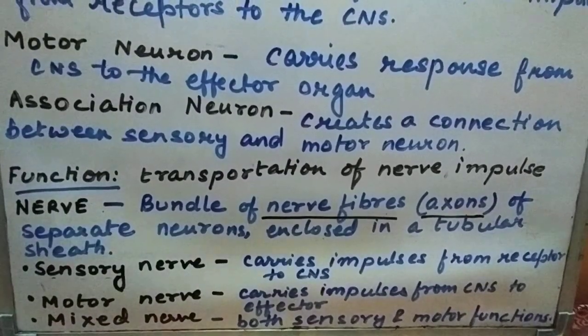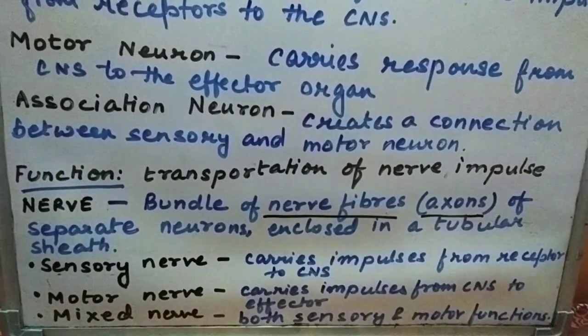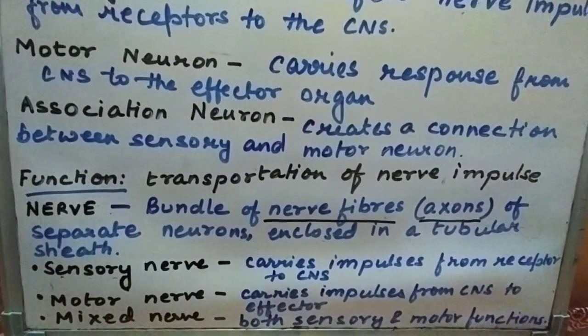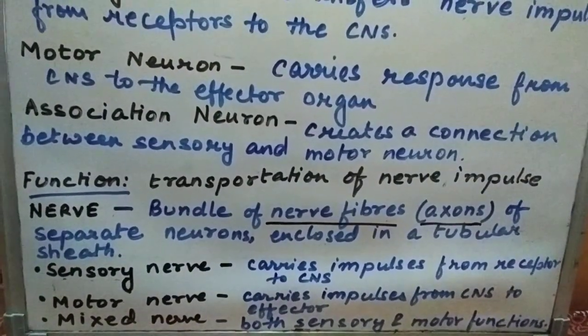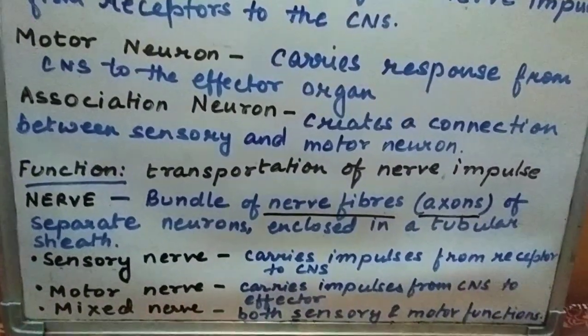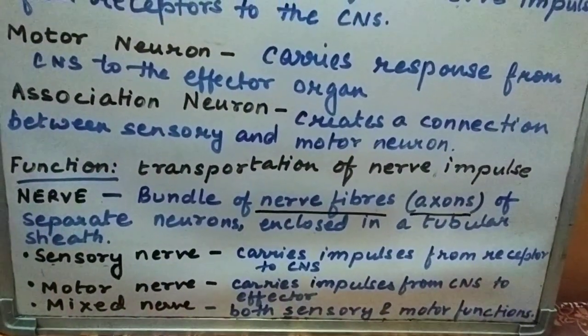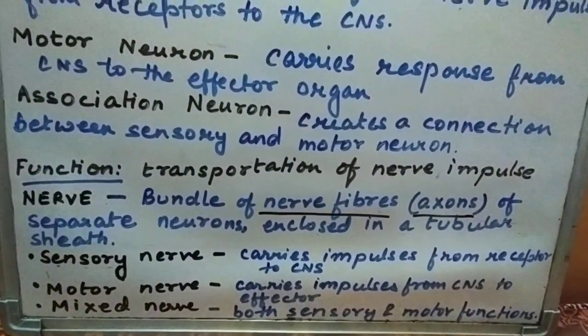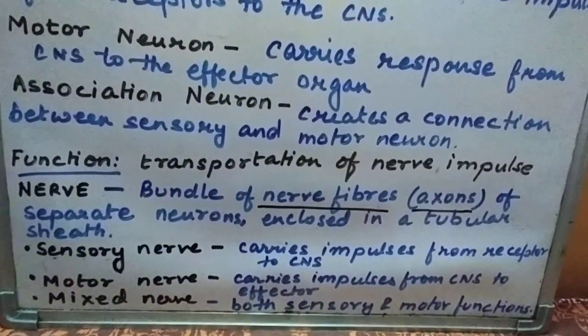So mainly sensory nerves are the nerves coming out from sense organs like optic nerve, olfactory nerve. They carry the impulses from the respective sense organ to the central nervous system.